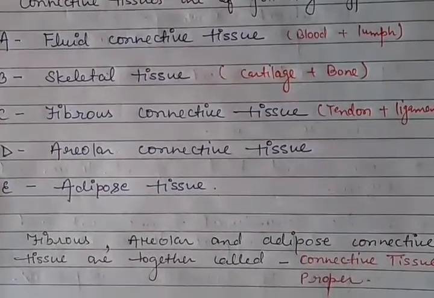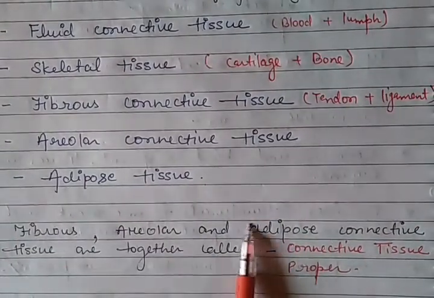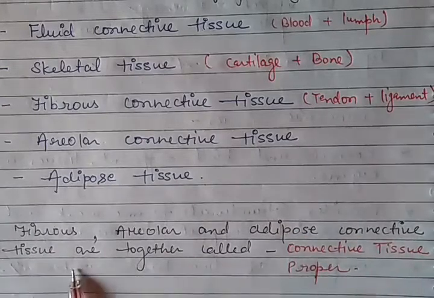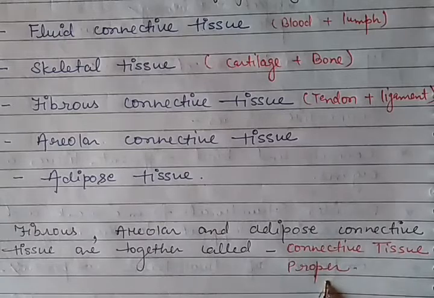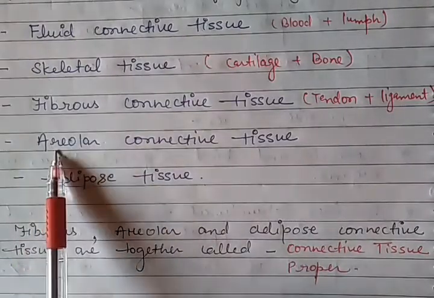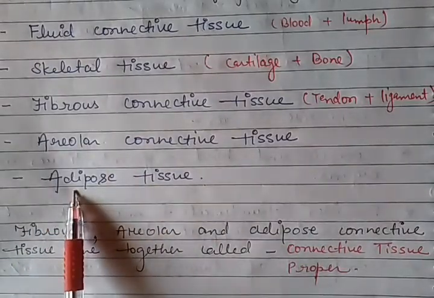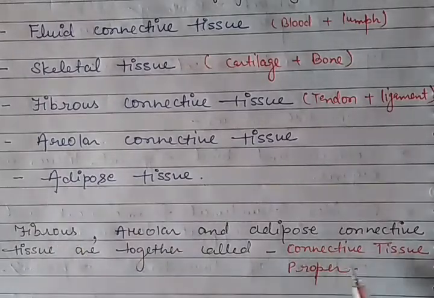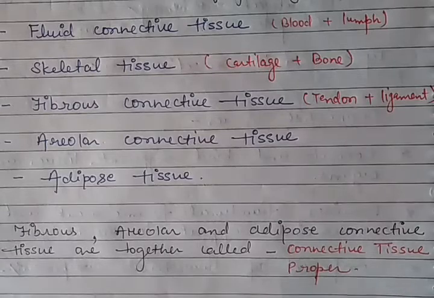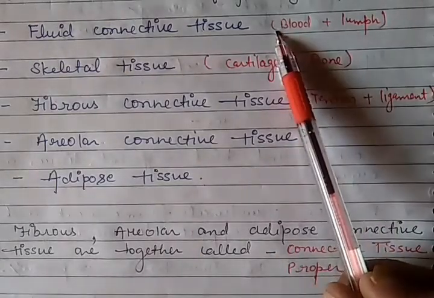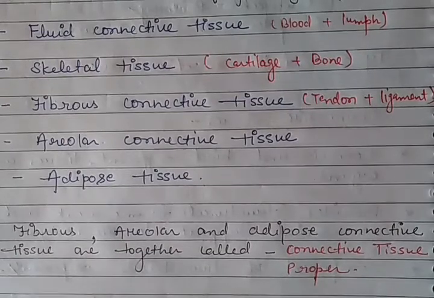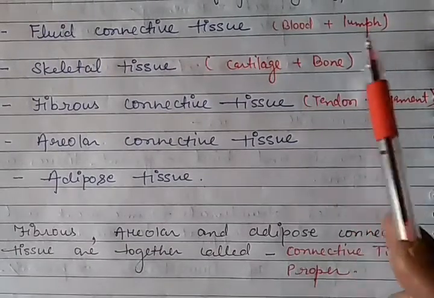The fibrous, areolar and adipose connective tissues are collectively called connective tissue proper. In this video we will talk about fluid connective tissue first, and we will discuss blood and lymph.